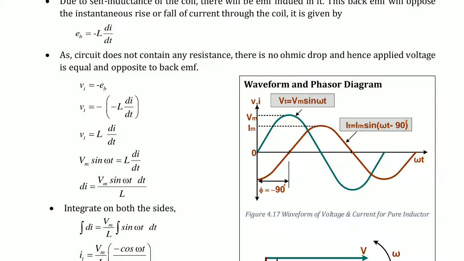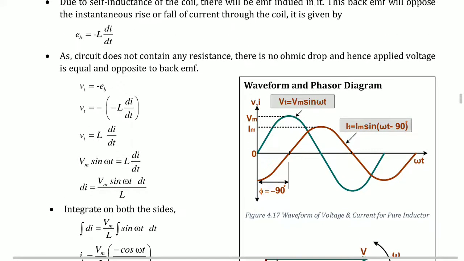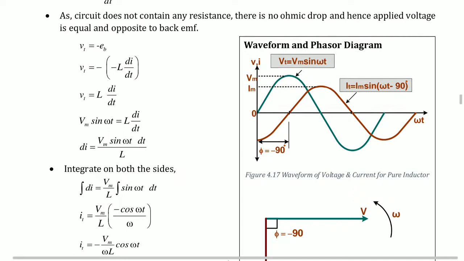The current is 90 degrees late, denoted by minus 90 degrees, and ends at 360 plus 90 degrees. This is how the voltage and current waveforms are drawn in a pure inductor circuit.